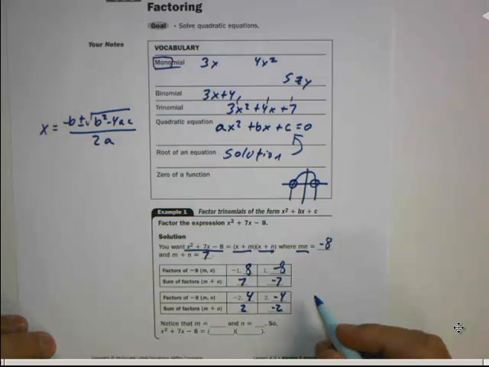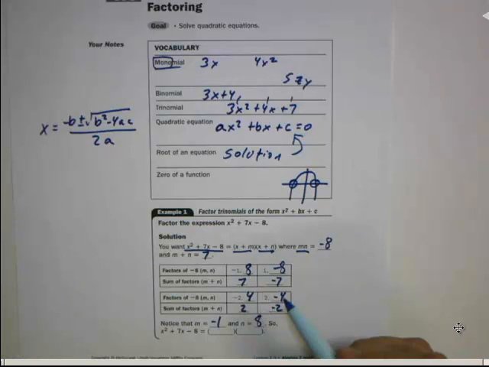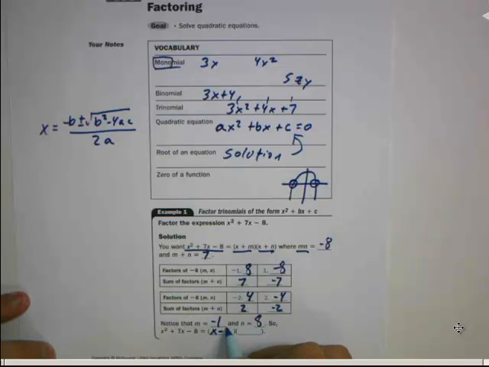So notice that when m equals -1 and n equals 8, you get that sum of 7. So that's what you really want. So we end up with x minus 1 and x plus 8. That's certainly one way to do that whole thing. You end up with m equals -1 and n equals 8, and that's how you would factor that out.